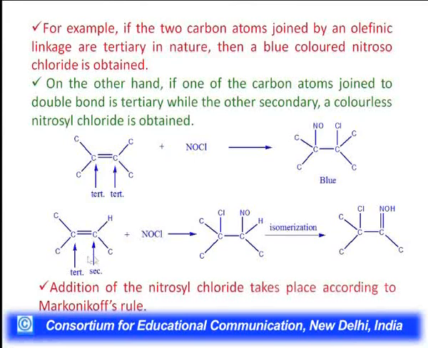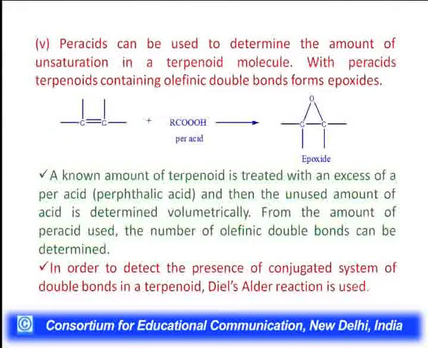When there is this difference of the carbon nature, then the addition of nitrosyl chloride will result in the addition product, which is a colorless product. So by the distinction of the color, we can ascertain the linkage of the carbon-carbon double bond, whether it is present in a tertiary form or in a secondary form. Again, the addition of this Tilden reagent basically takes place according to the Markovnikov rule.